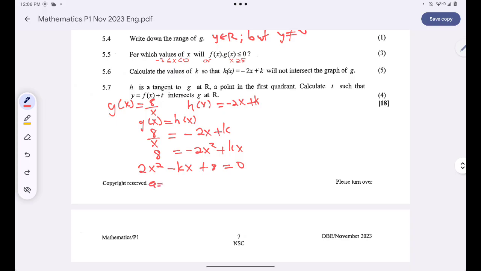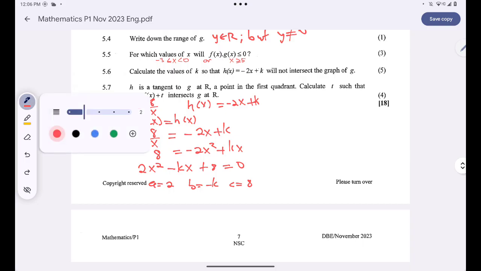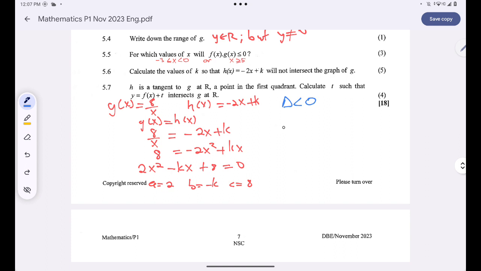So the value of a is 2, the value of b is negative k, and the value of c is 8. For me to determine the values of k so that the curve and the line will never intersect, just know that delta for the intersection has to be less than 0. All right, together.